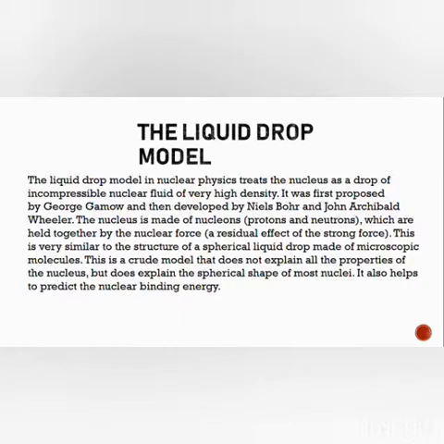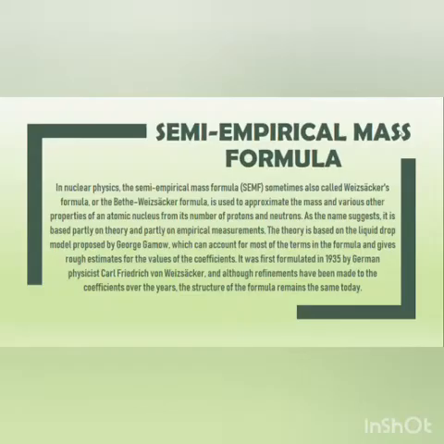The nucleus is made of nucleons, that means it contains protons and neutrons, which are held together by the nuclear force. This is very similar to the structure of a spherical liquid drop made of microscopic molecules. This is a crude model that does not explain all the properties of the nucleus, but it does explain the spherical shape of most nuclei.